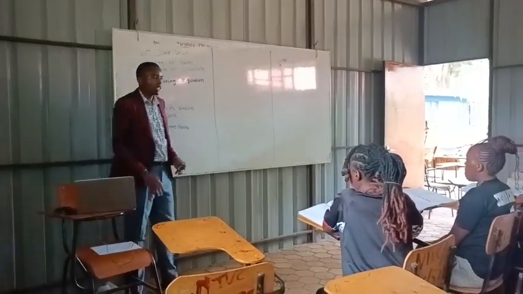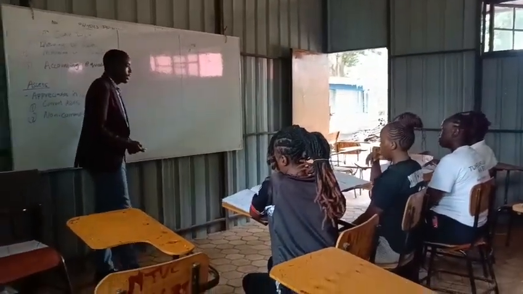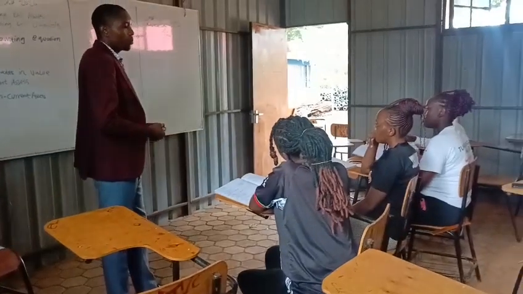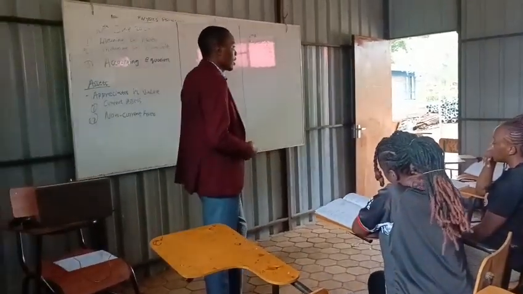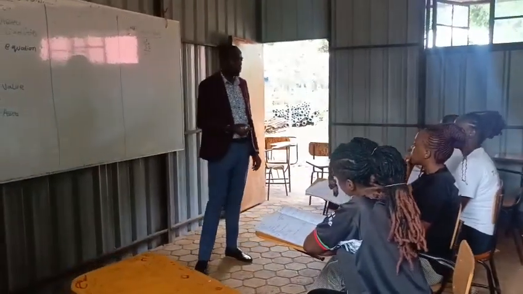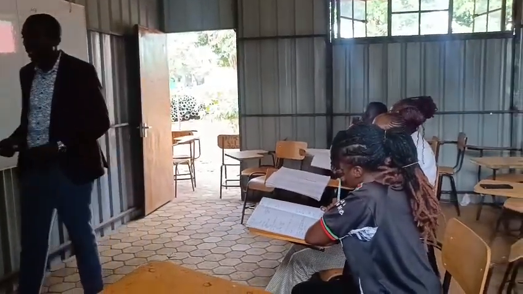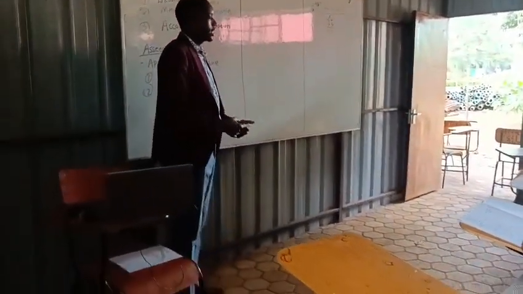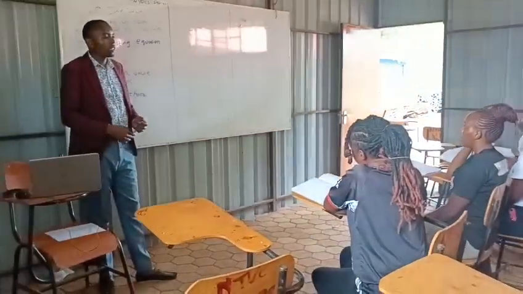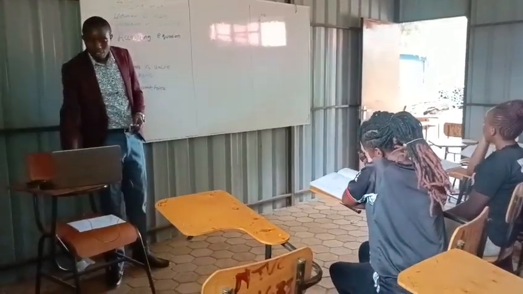But generally, I know you have heard something being called an asset. At one time or the other, you can hear someone saying, I have an asset. Example of such an item? Yes? A building, yes. You can hear someone saying, I have a building, I have an asset, which is a building. Another one? Yes? Vehicle. Yes, you can hear someone say, I have a vehicle.